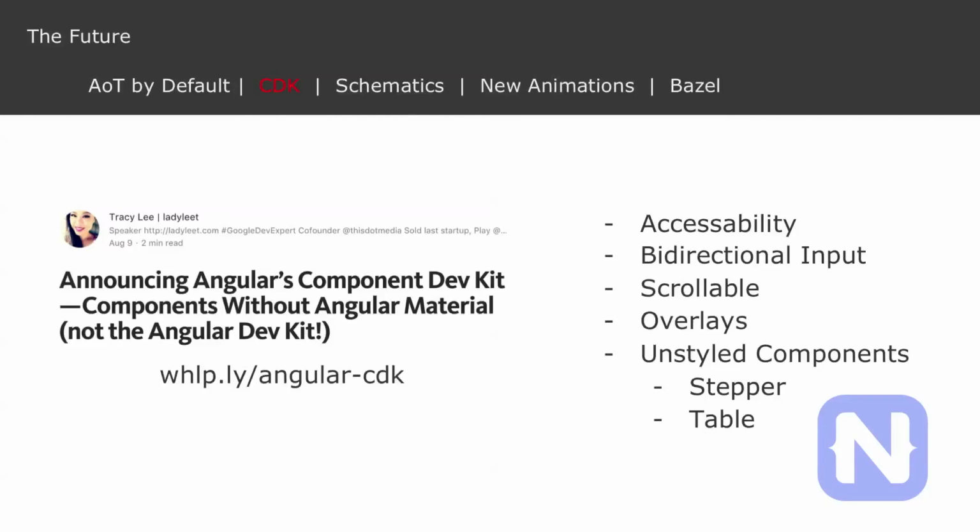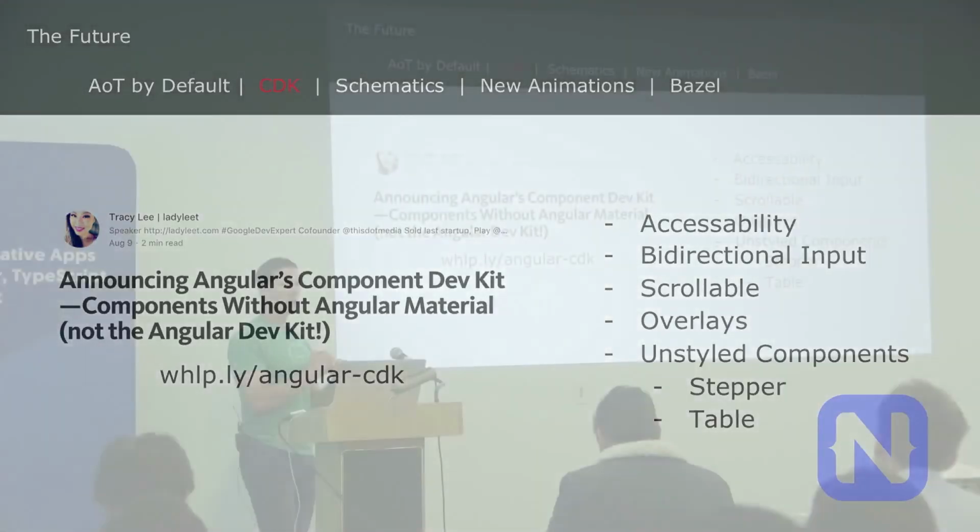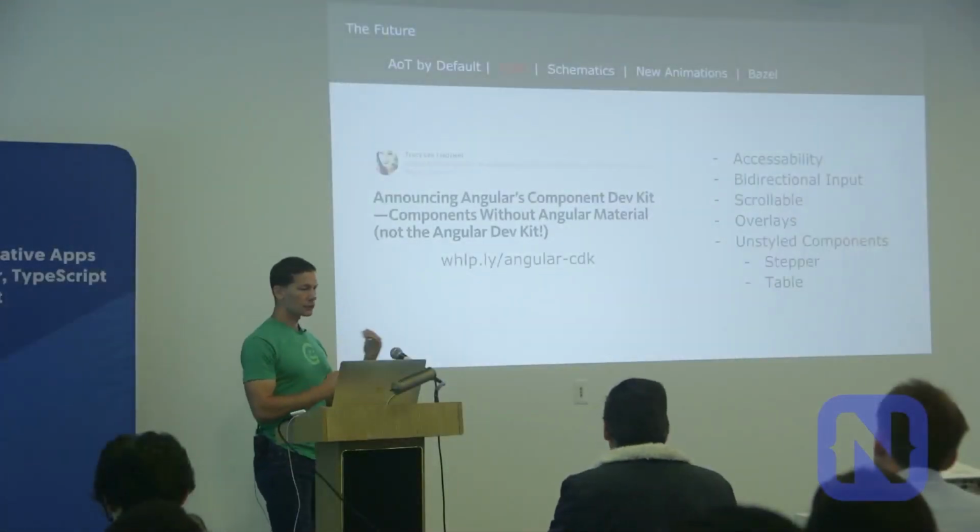But with the component dev kit, you can basically use all of the underlying things that Angular material figured out, like all the hard problems, like building a large data table, which is actually really hard on the web to make fast and performant, or how scrolling works.